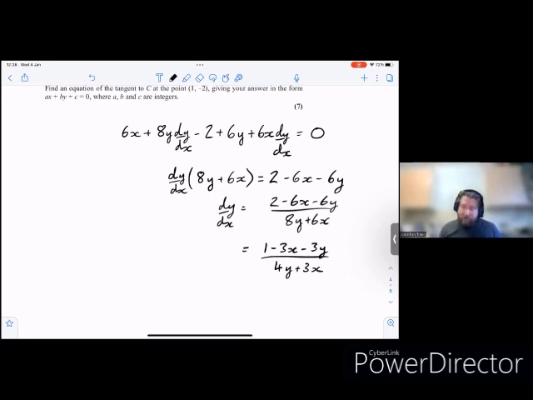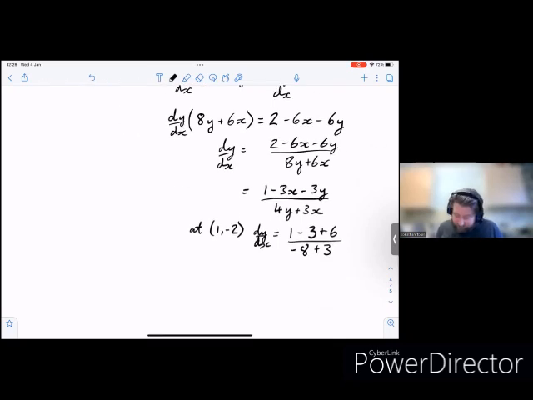Now we want the gradient at the point 1, 2. Sorry, 1, minus 2. So at 1, minus 2, dy by dx equals 1 minus 3x, which is 3, minus 3y, which is plus 6, all over 4y, which is minus 8, plus 3x, which is plus 3.